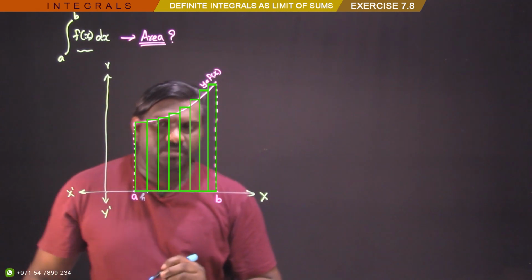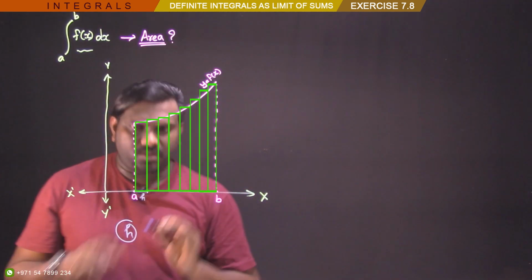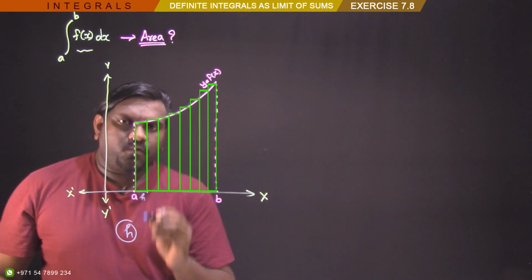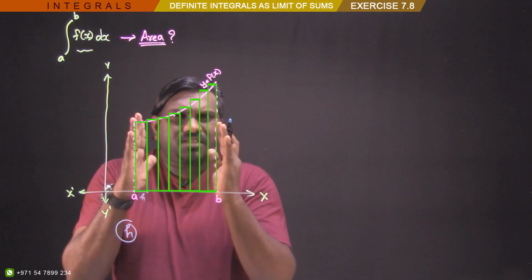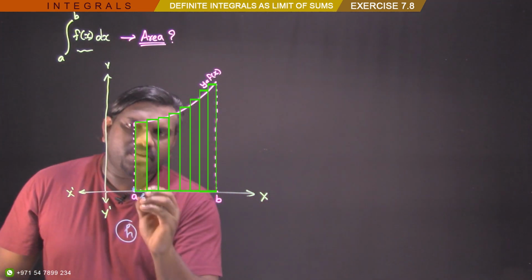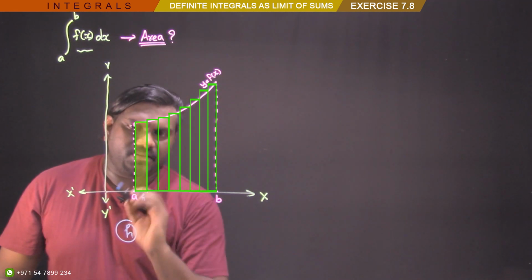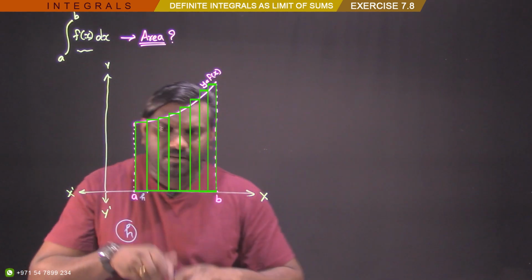Now for the smallest one, just assume that this is very small. This length of the first rectangle is what we call h. Fine. Let it be there.